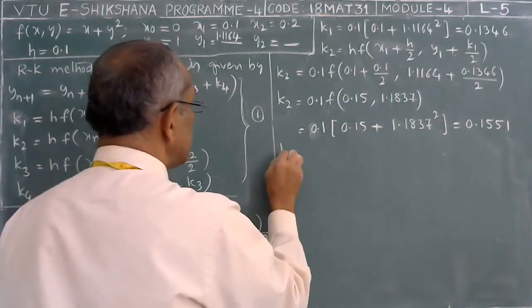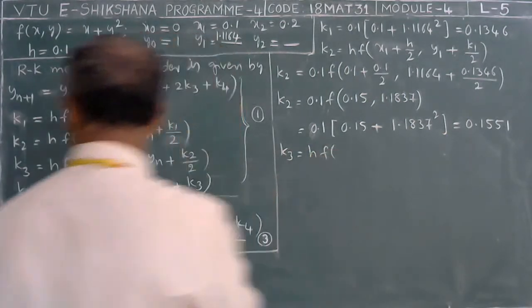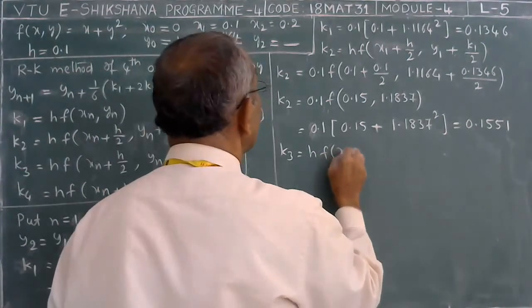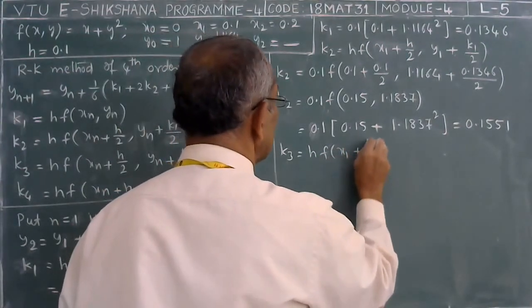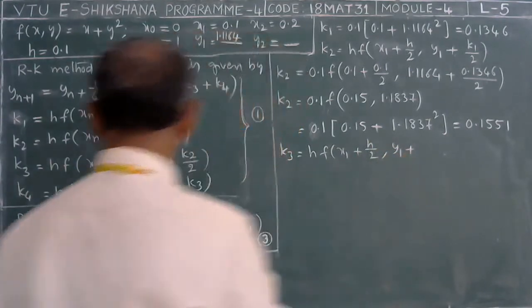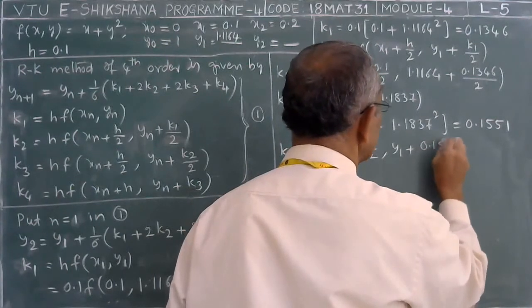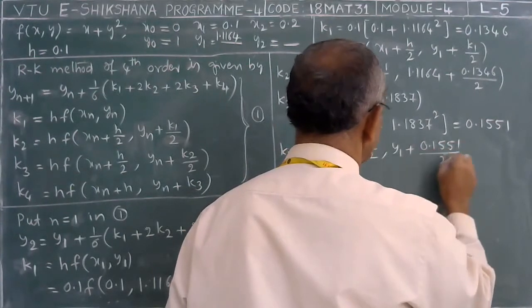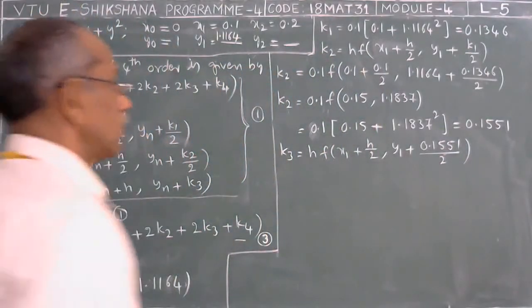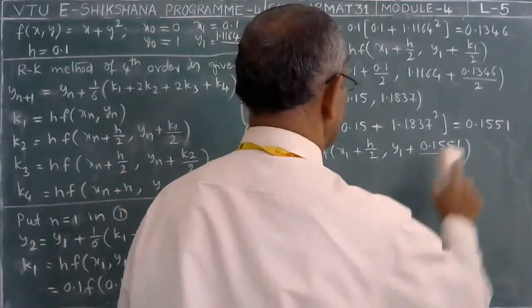Now similarly, K3 is h into f, when n is equal to 1, x1 plus h by 2, comma, y1 plus k2 by 2. So k2 is 0.1551 divided by 2.